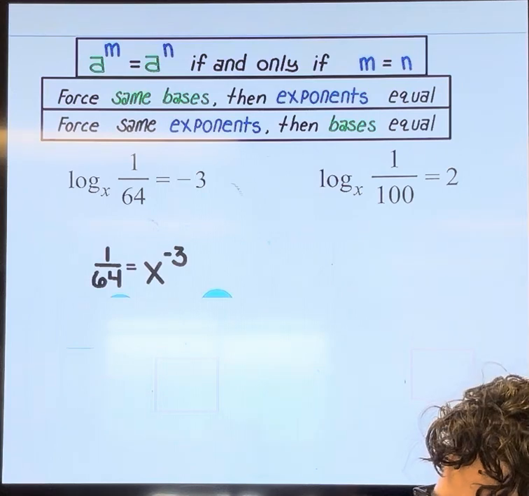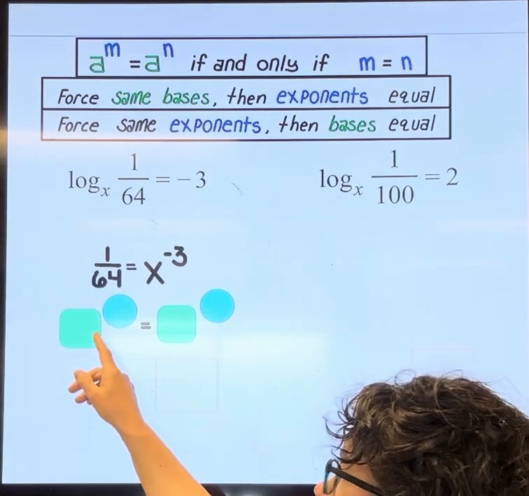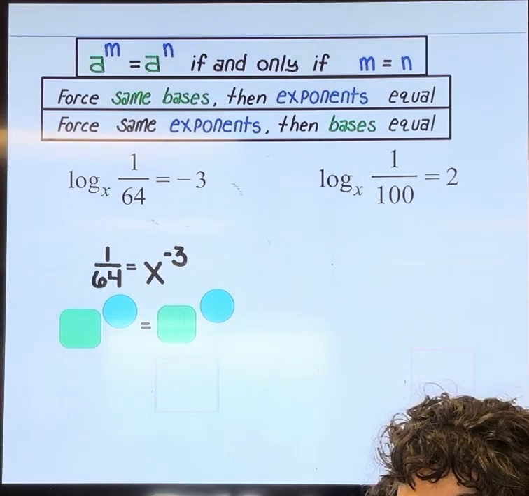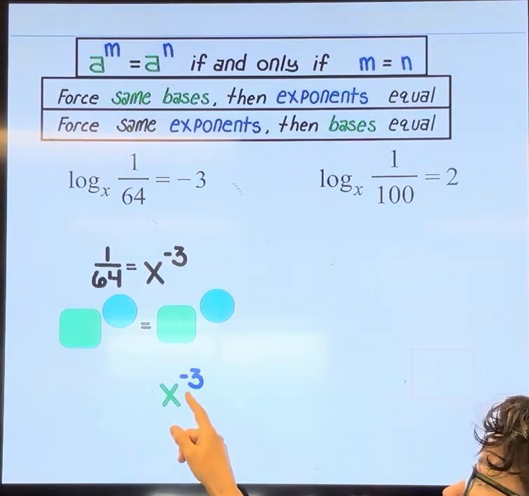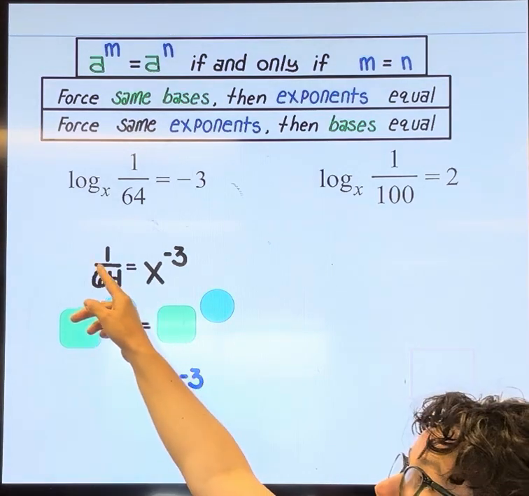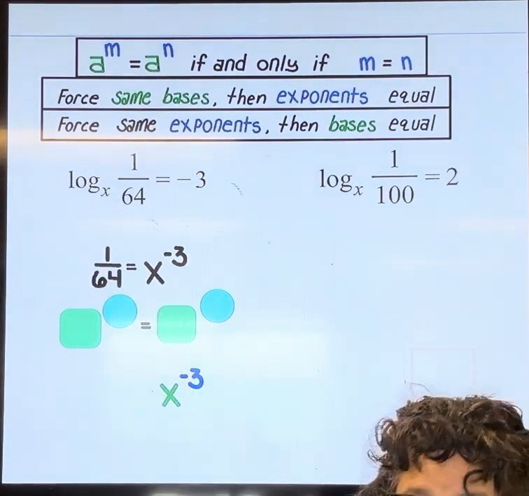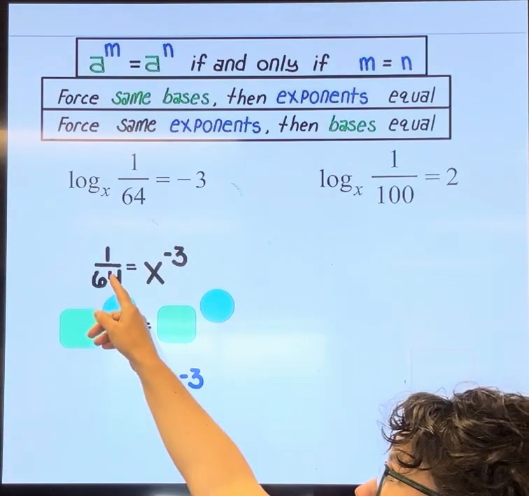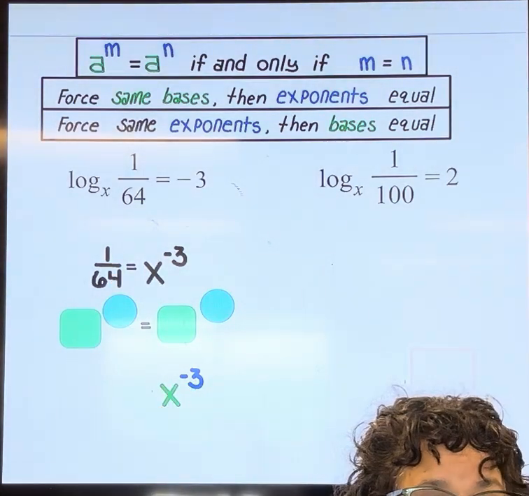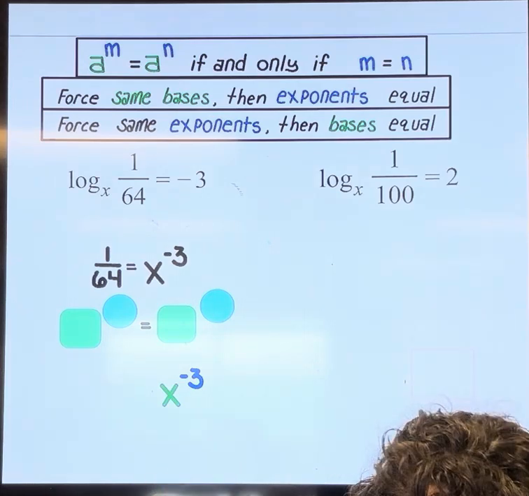To use this property, I really want a power equals a power. Now on the right-hand side, that one is all set, x to the -3. But the question is, how am I going to rewrite 1/64? Thinking about an exponent of 3, 64 is 4 times 4 times 4.